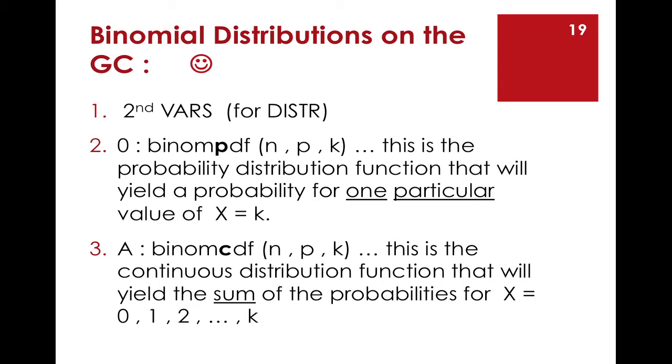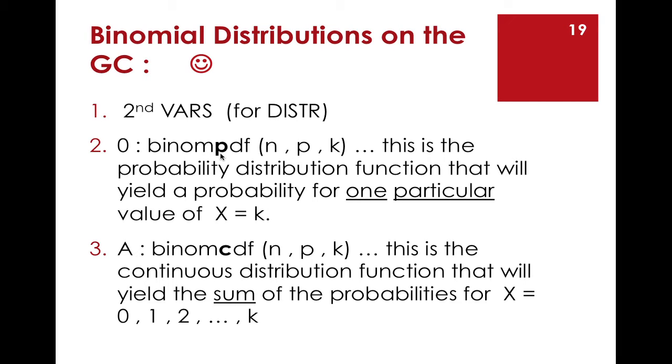The ones we want are under 2nd VARS for distribution. You have to scroll down pretty far. You might find it easier, instead of scrolling down through the list, to hit your up arrow and come at it from the back end of the list. Depending upon which calculator you have, you'll notice here that it says 0 for the Binomial PDF.